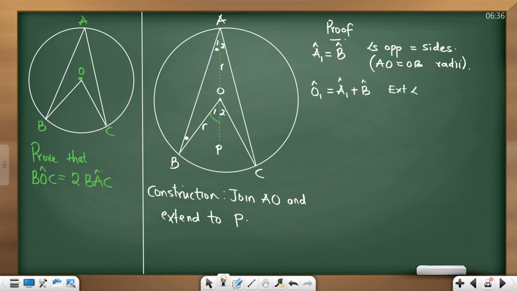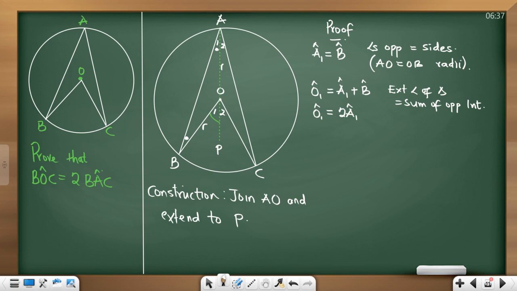Exterior angle of a triangle is equal to the sum of the opposite interior angles. But we said A1 is equal to B. Therefore, I can conclude that this is A1 plus A1, which is 2A1, because B is the same as A1.